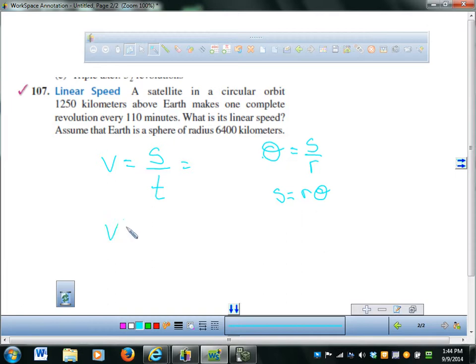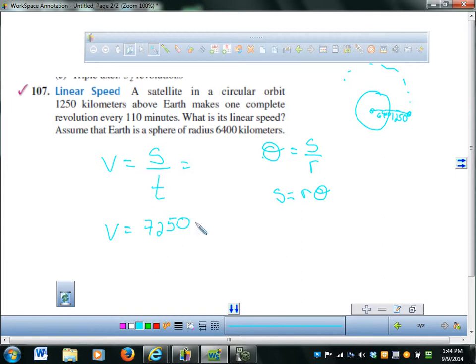So in this case, S is going to be R times theta. Well, if the satellite is above the Earth and the radius of the Earth is 6,400 kilometers, and I add the height of the satellite above it, which is 1,250 kilometers, that's 1,250 plus 6,400, which is 7,650 kilometers from the Earth's center.